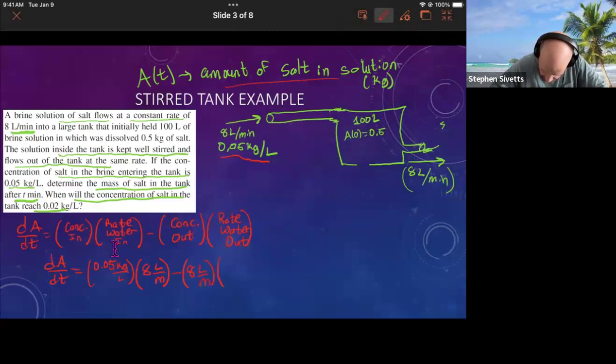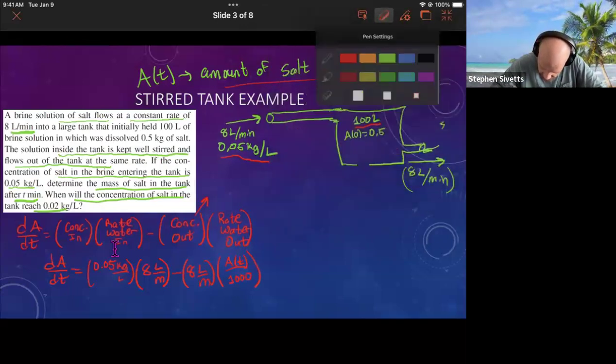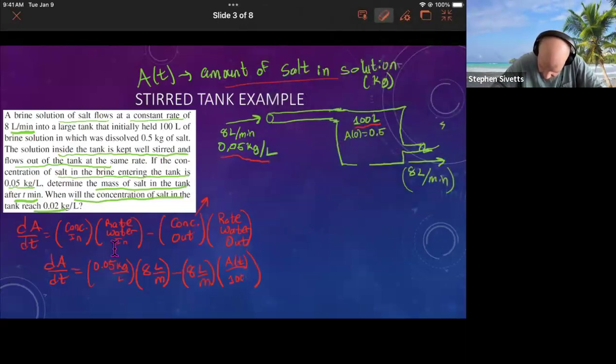And now the challenge is we want to figure out the concentration of the fluid that's going out. We know that the volume of the water is 100 liters. So A of T is the amount of salt in the solution, so the concentration in this case is just A of T over the volume of the tank, which is 100, not 1,000.